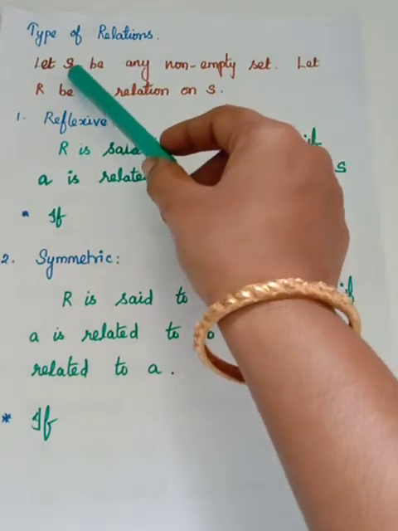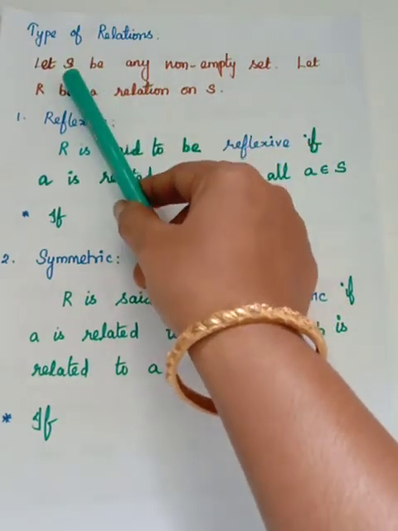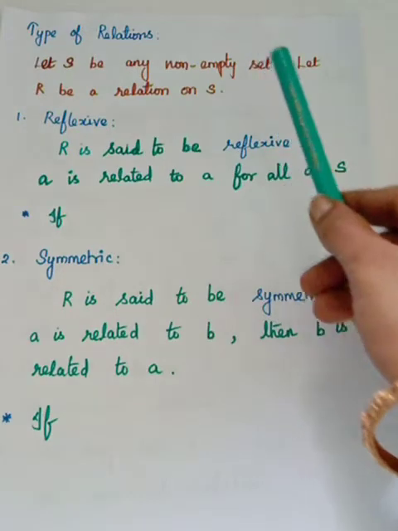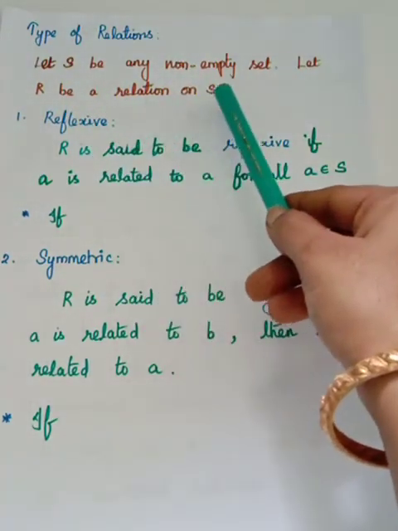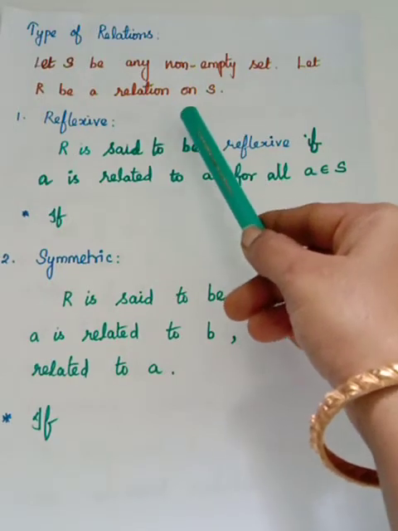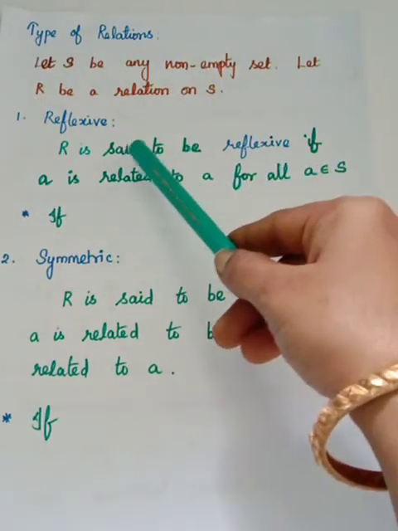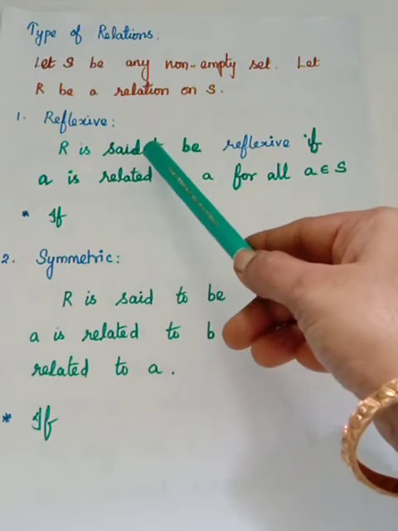First, we'll consider one non-empty set. Here I have taken S to be any non-empty set. Okay, let R be a relation on the set S. So R is the relation. We are going to say when it is reflexive.